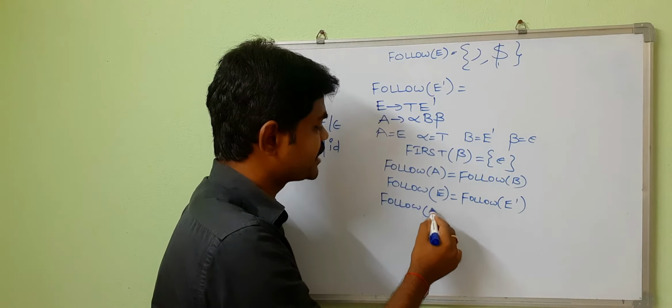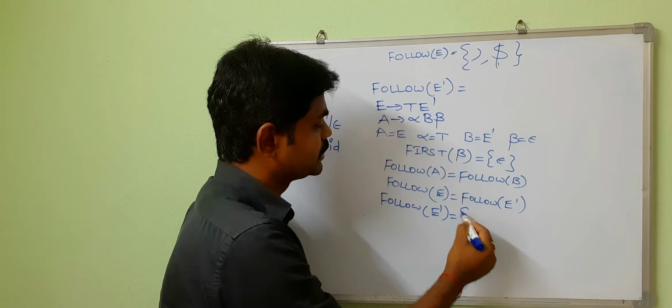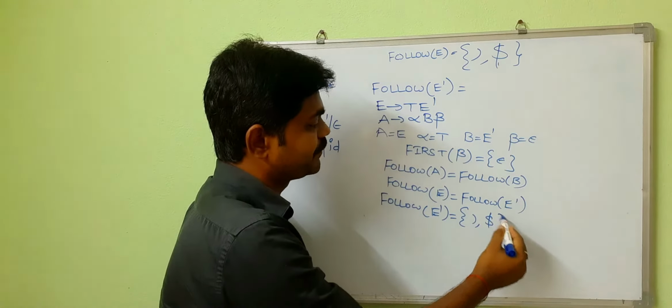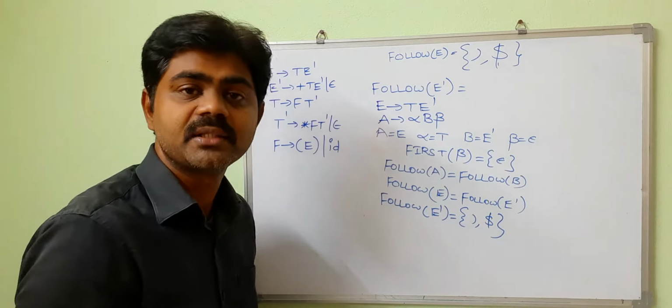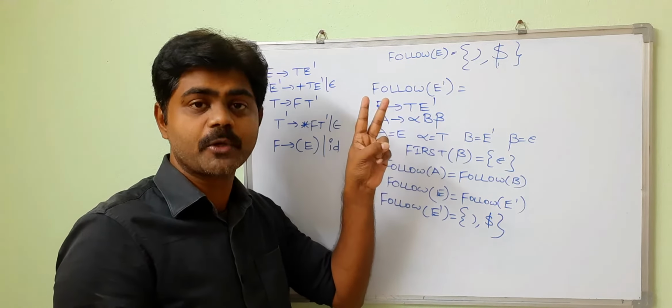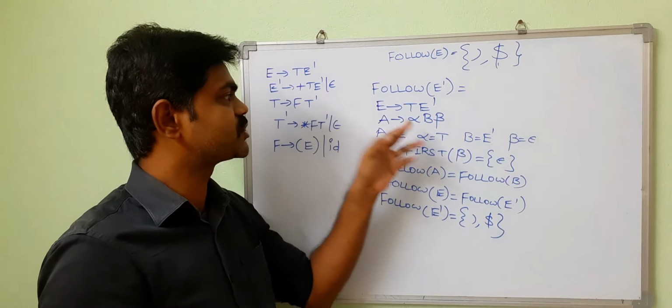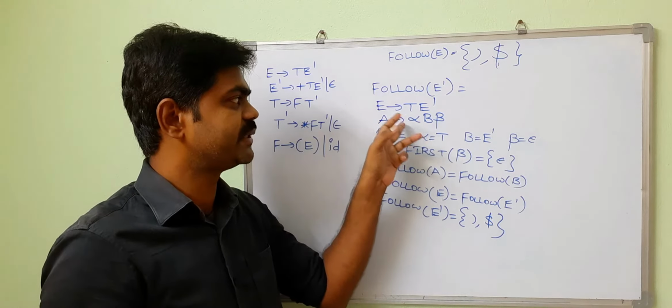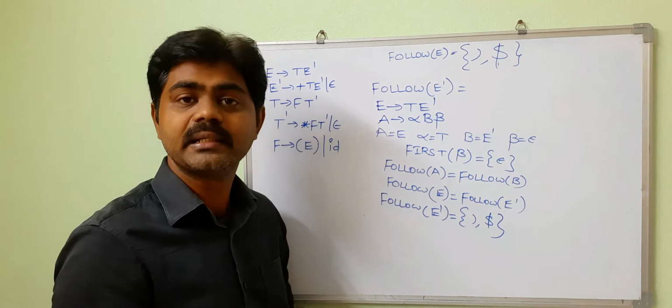So follow of E dash equal to right parenthesis comma dollar. Have we done that? No. As I said, for E dash we have two productions, the first one and the second one. We found out for the first one, A tends to alpha B beta.